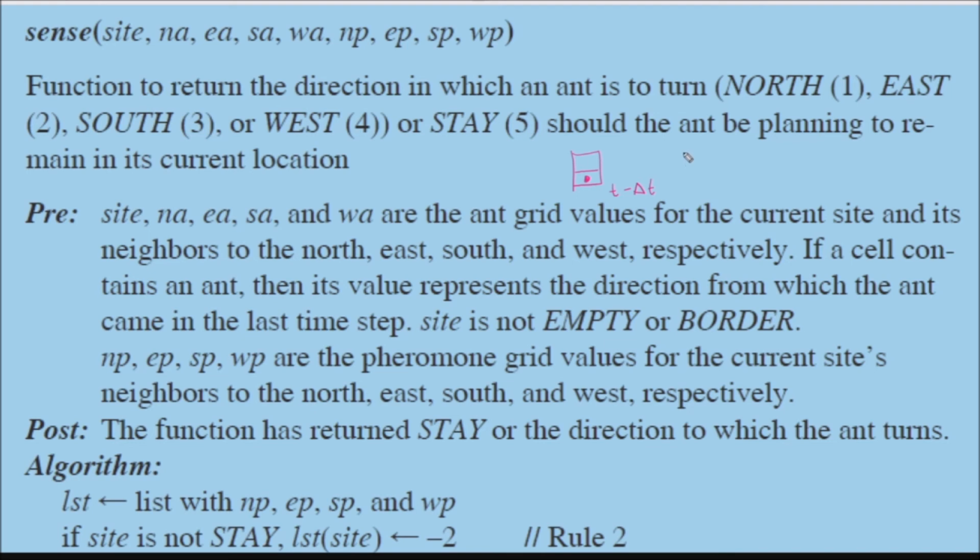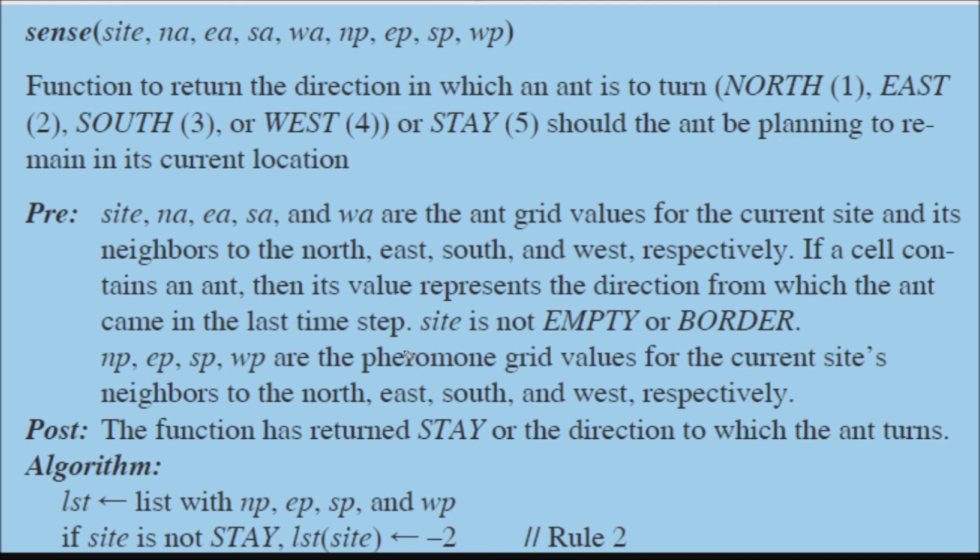So at time t, when this happens, this cell takes the number 3. Why? Because the last ant moved from here to here. So that's what it is.